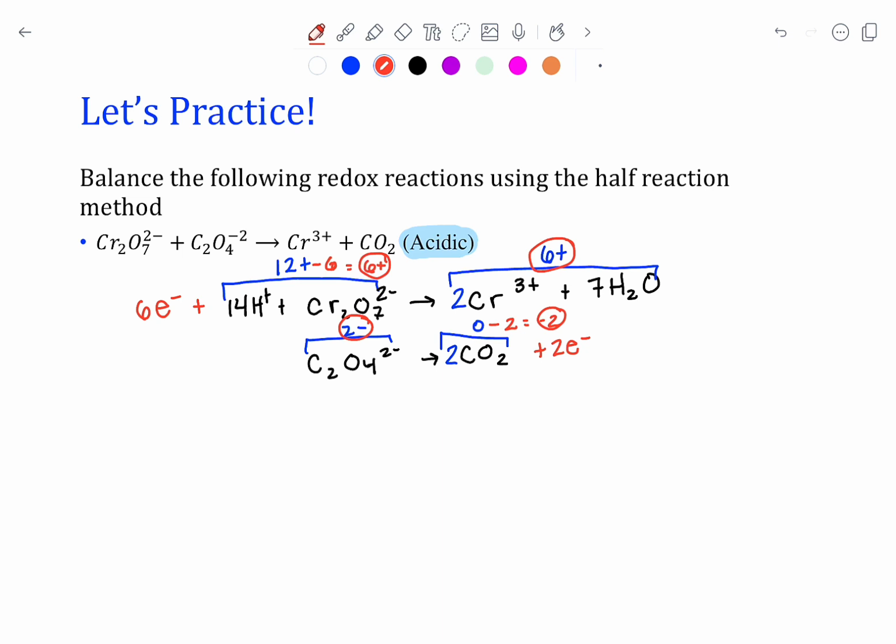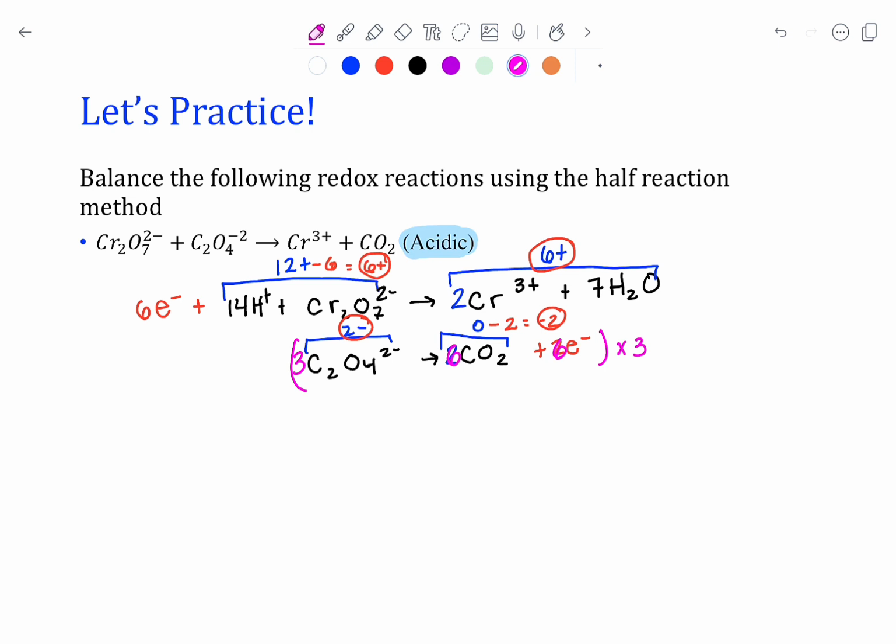So I have 6 electrons and 2 electrons, meaning I can take this whole second equation and multiply it by 3. This would then give me, let's see, 3 C2O4, 6 CO2, and 6 electrons.